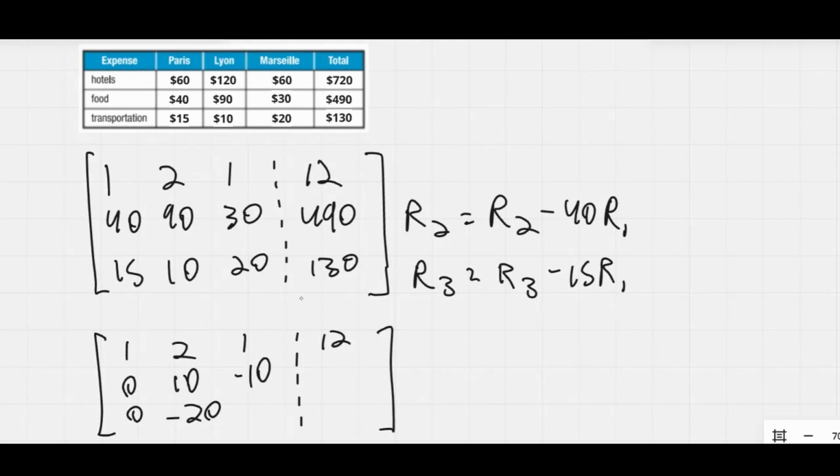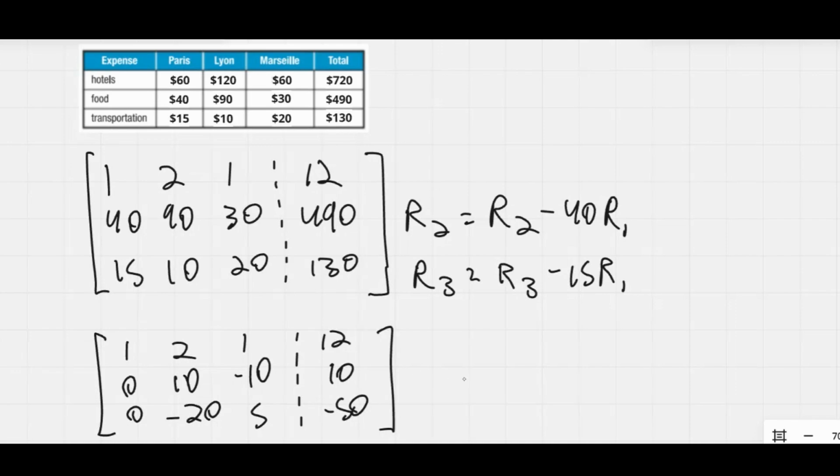And then we also have 15 times 1, which is just 15, and 20 minus 15 is 5. 12 times 40 is 480, and so we have 490 minus 480, which is just 10 again. And 15 times 12 is going to be the same thing as 30 times 6, which is 180. And so 130 minus 180 is going to be negative 50.